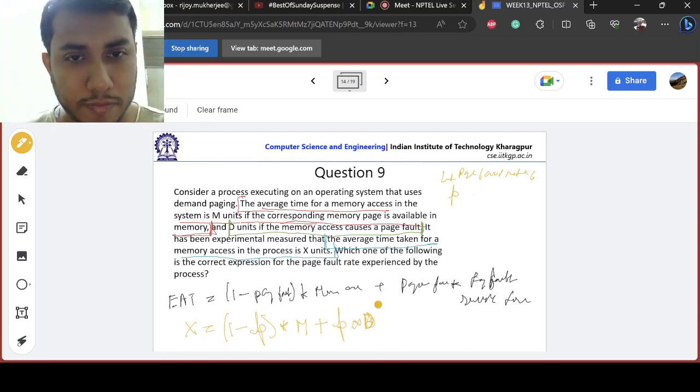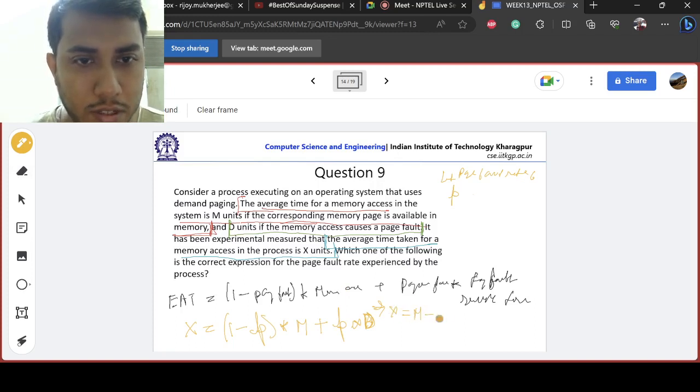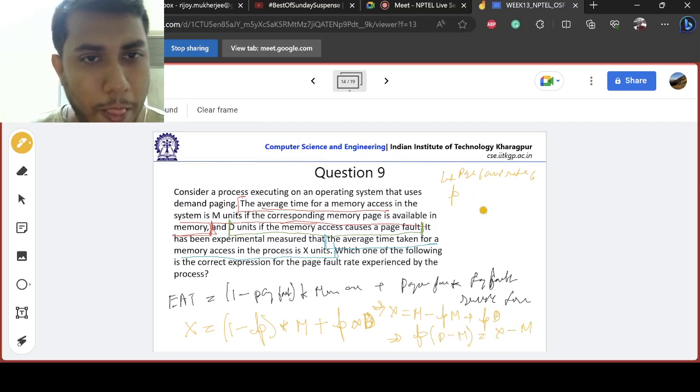So let's do it. x equals (1 minus p) times m plus p times d, or taking p common, p times (d minus m) is equal to x minus m.